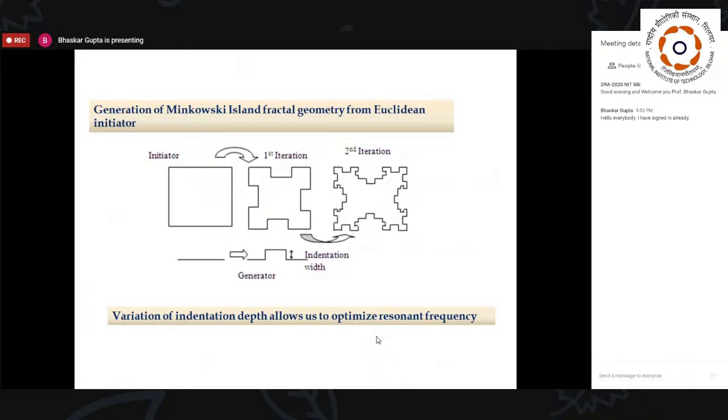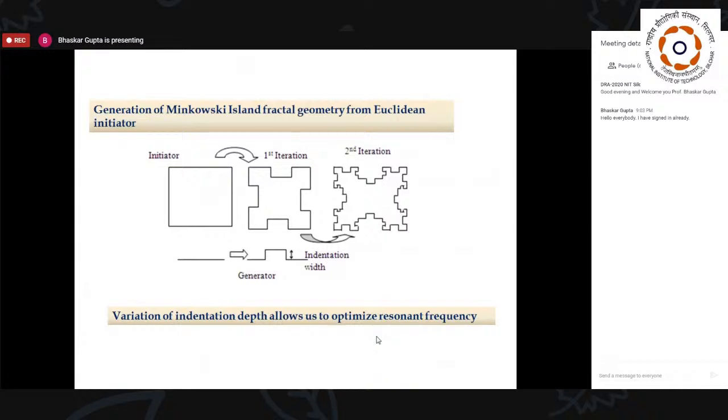So from the initiator, you then use the generator on the initiator. Generator is this scooping out, cutting away of some indentation. In the generator, you can readily identify the indentation width. Then you go on repeating from one iteration to the next, then to the third one, fourth, as much as you like, provided, of course, you can fabricate it.